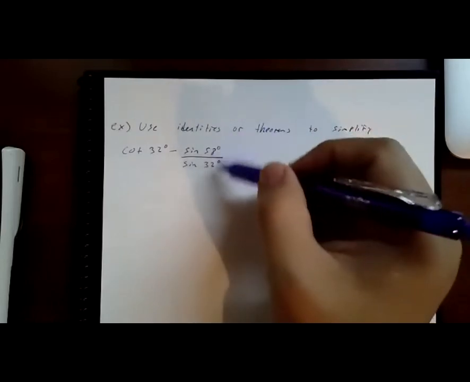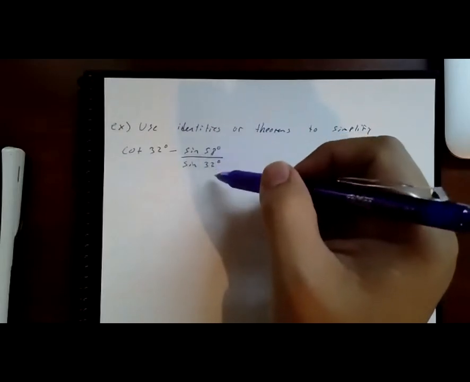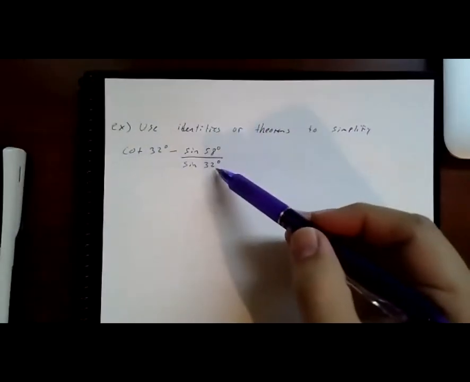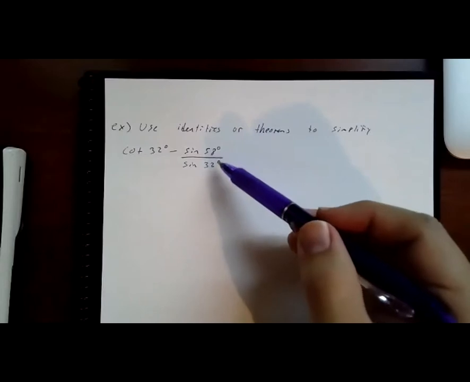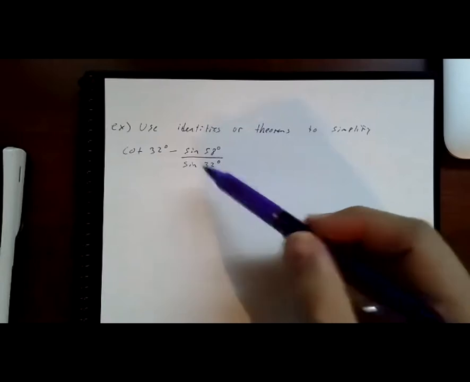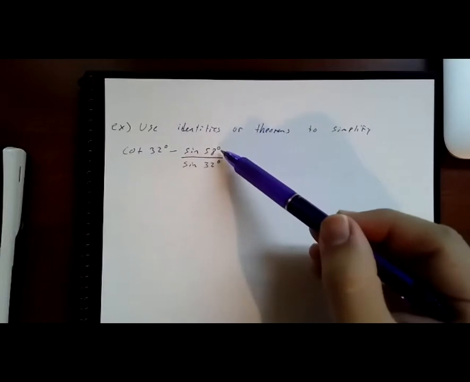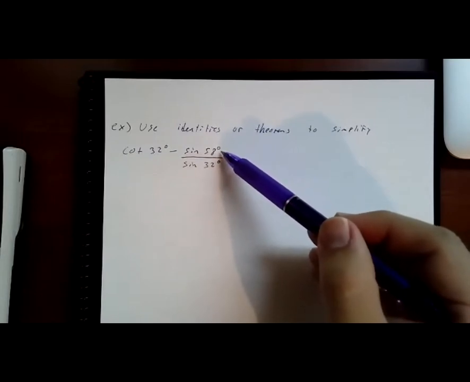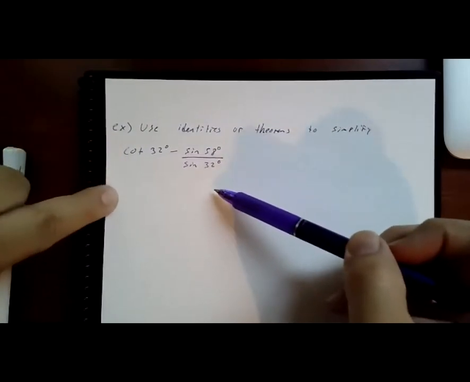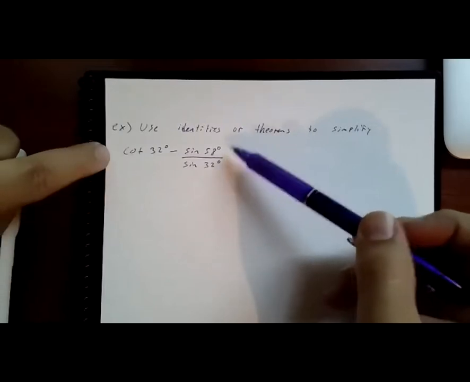So we can see a complementary pair, right? 58 and 32. So we should probably convert one of these into something else. The fact that this one is cotangent 32 means I should probably change the top into some sort of 32. That way, in the next step, everything will be in terms of a 32 angle. So that's my reasoning here.